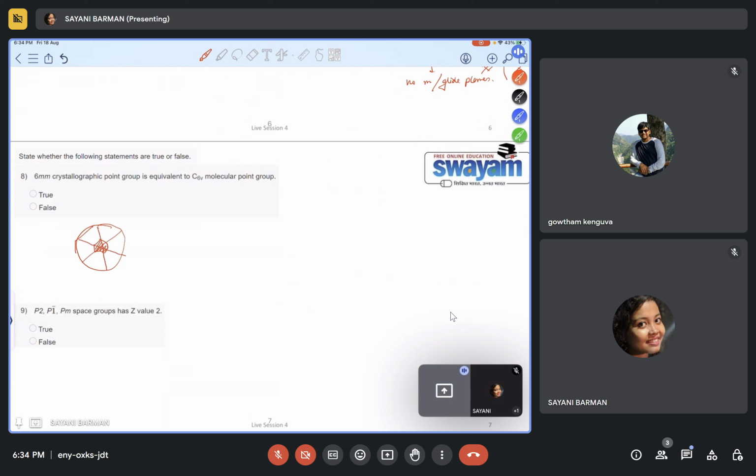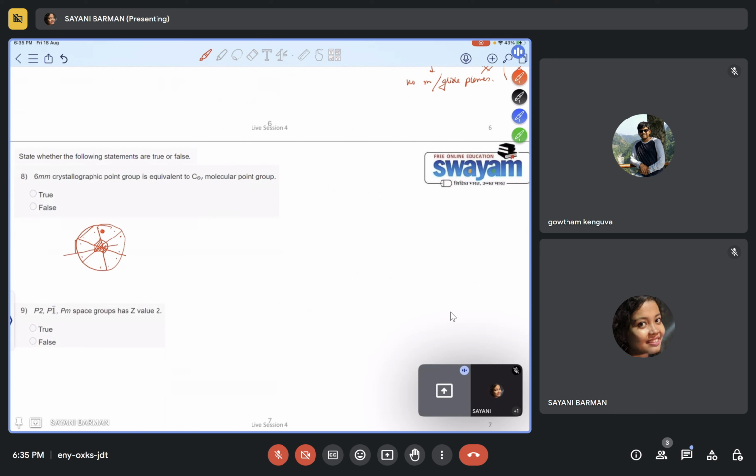Sixfold symmetry is there. Let's say sixfold symmetry is there, means it will go here, here, here, here, here, and also a mirror plane. Right. So a mirror plane is there, here, here, here, and here.